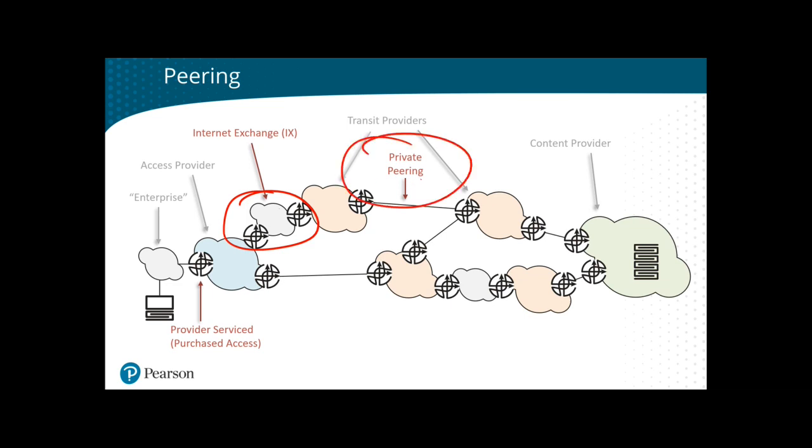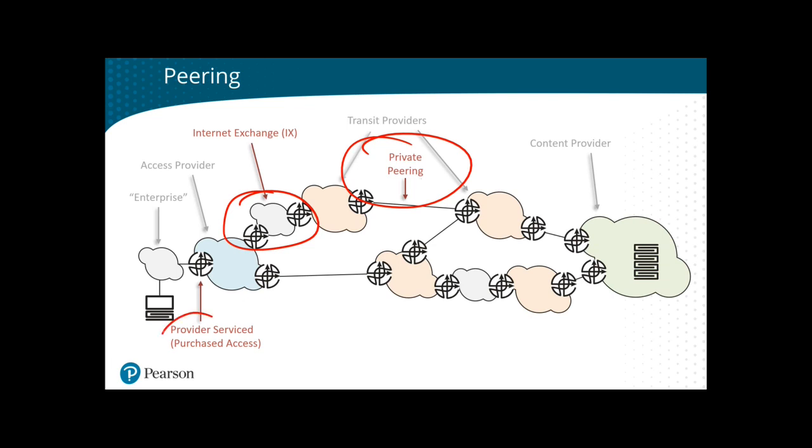This is very similar to an IX in that 2 providers like, say, AT&T and Verizon will get together and say, I have a lot of traffic that goes through this peering point or goes through Chicago to get to you. How about if we just rent a private facility, we'll both drop circuits in and we will peer with each other privately.